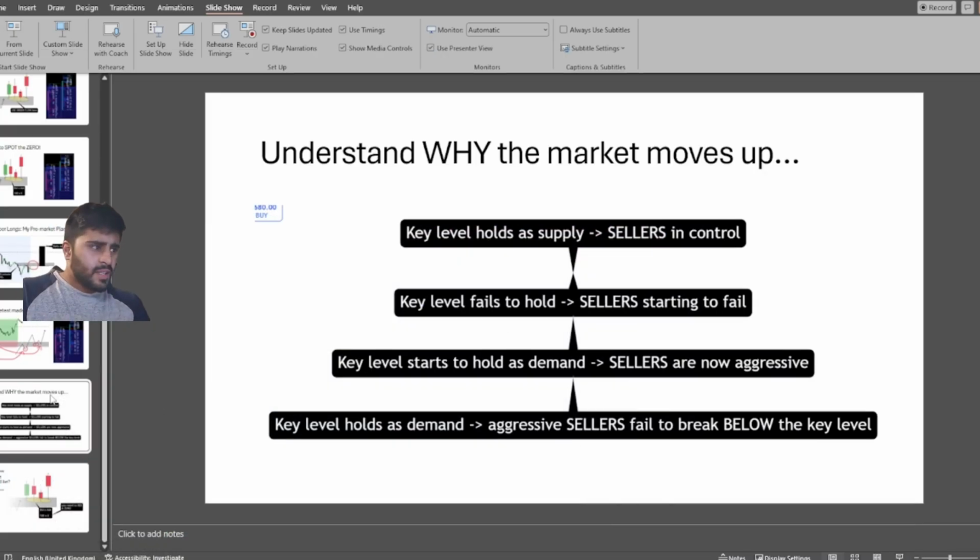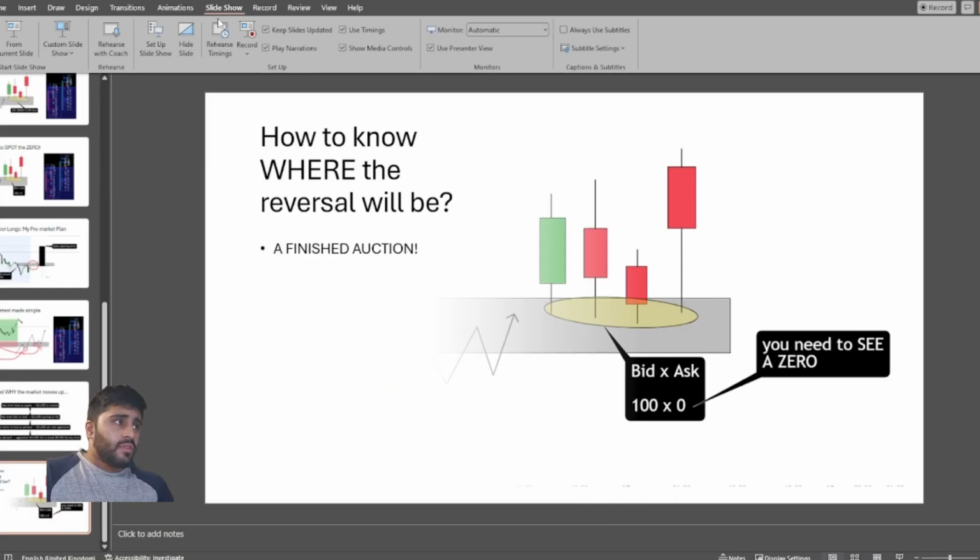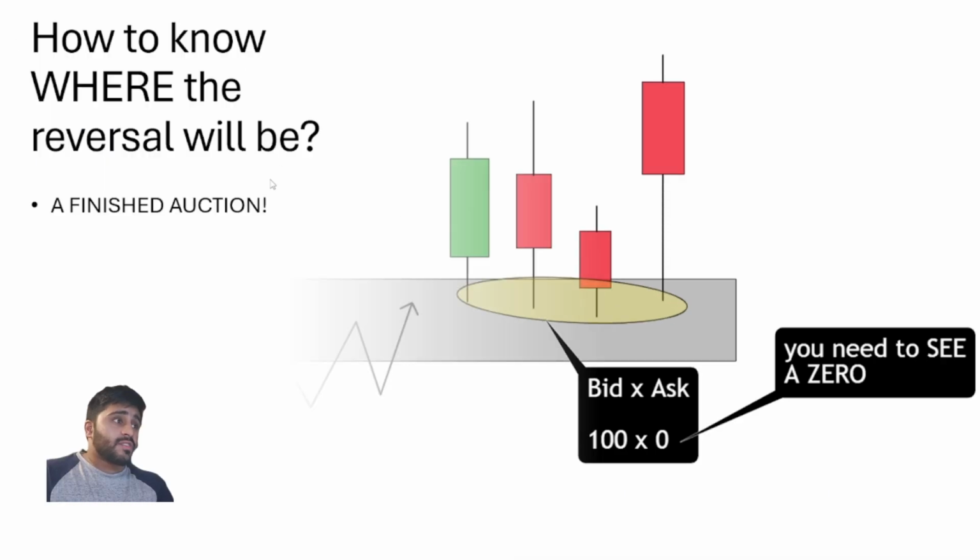So the last thing to finish off on for the presentation is here, finished auction, right? So seeing a 0, in this case on the ask side, gives us a strong indication that the reversal is going to happen, because when you see a 0, buyers and sellers have agreed that they're no longer interested in trading at that price.